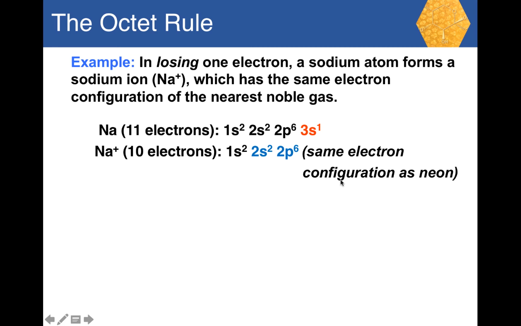Let's see if we can apply that definition to some atoms on the periodic table. So here we go. In losing an electron, sodium. Try and find sodium on your periodic table. Sodium is to the extreme left of the periodic table, column 1.